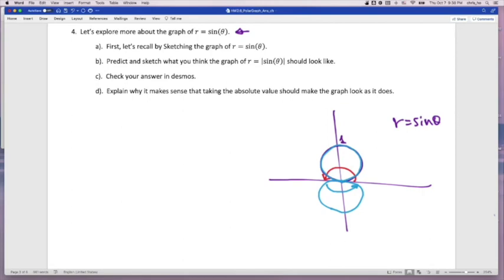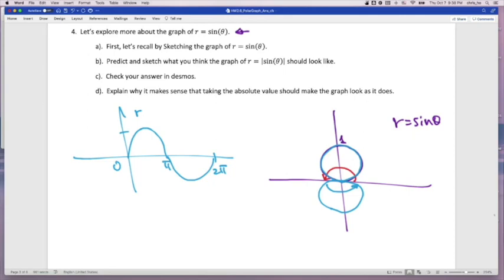Okay, and you can check it out in decimals. And why is that? Again, the key fact lies in the fact that the sine function from 0 to pi is positive, and from pi to 2 pi is negative. And if this gives the value for r, and when r is negative, then it actually overlaps back to the original circle.